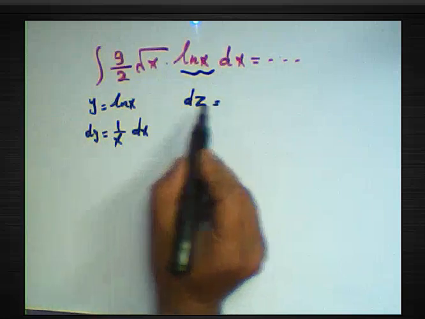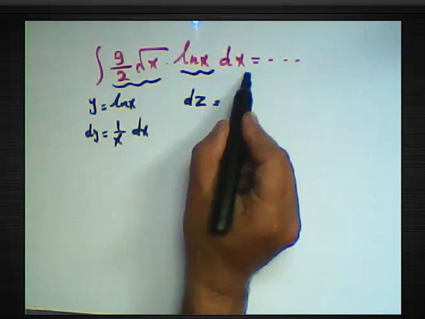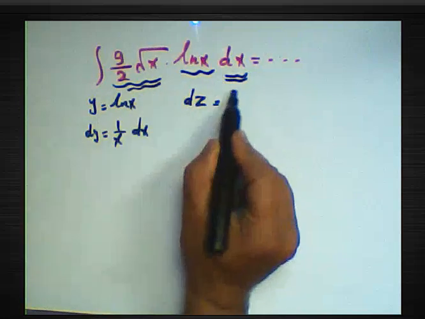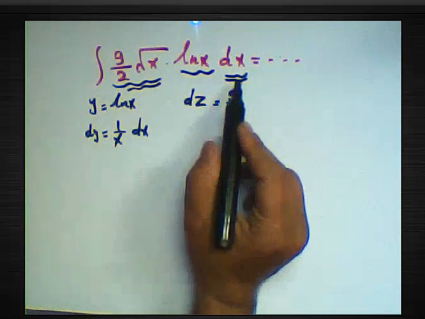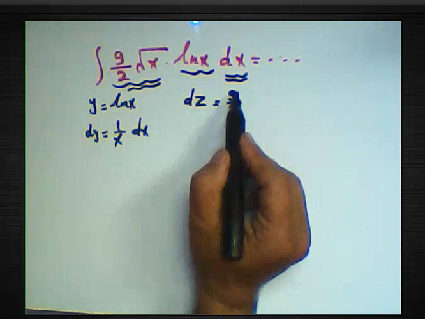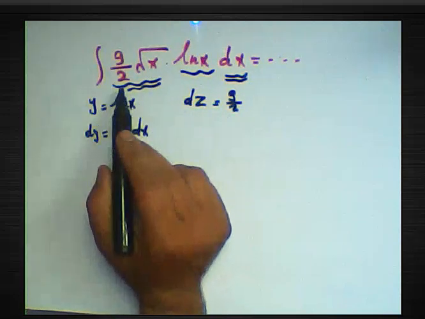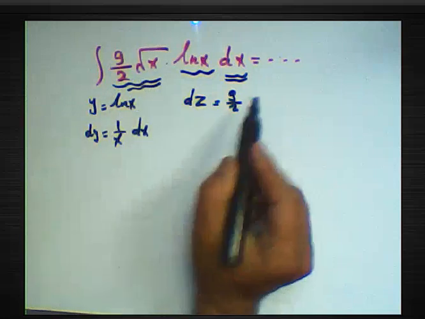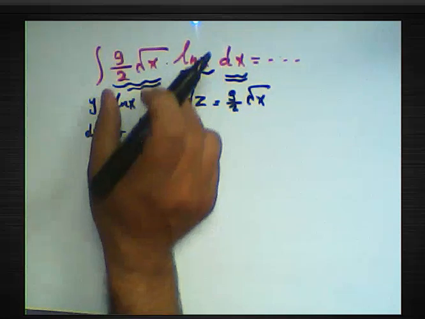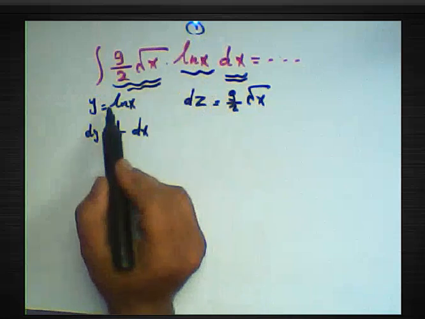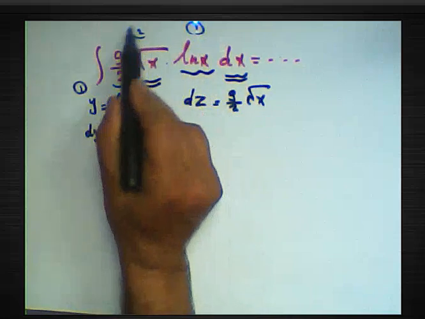And dz, the second function, will be 9 over 2 root of x dx. Okay, it's the second function, so it will be the first function here and the second function here.